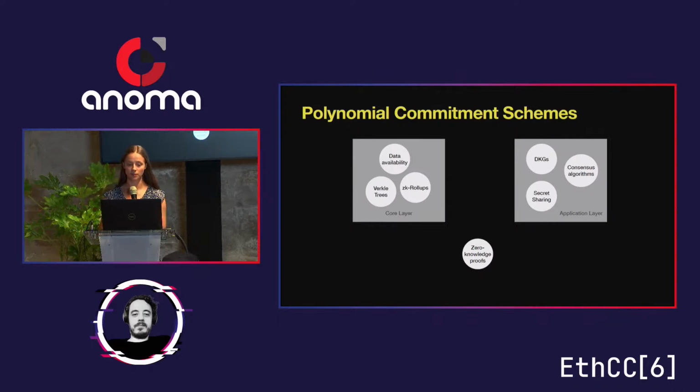So Verkle trees are a suggested upgrade, which are really being suggested as a scalability solution. Currently we're using fan-in 2 Merkle trees. The idea here is that you want to replace them with fan-in n vectors.